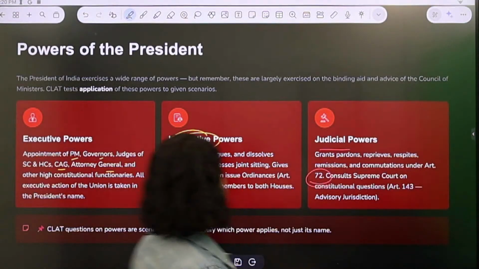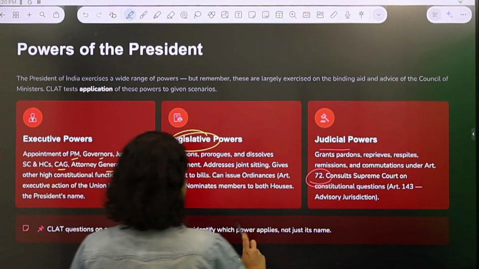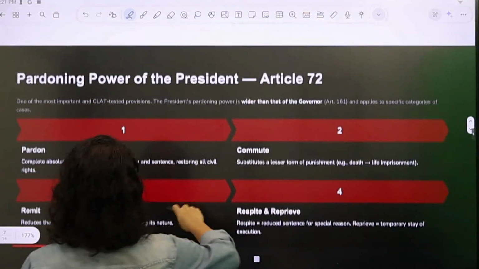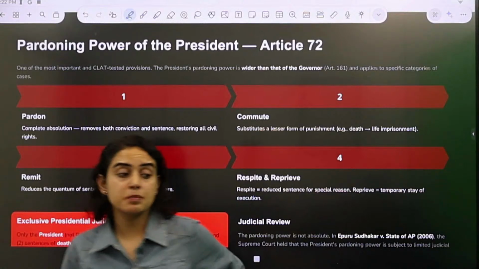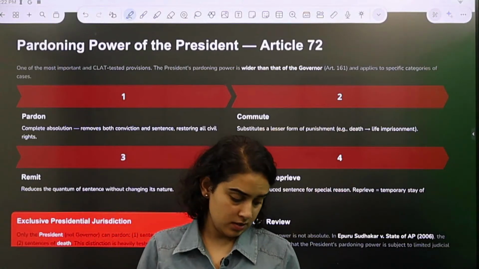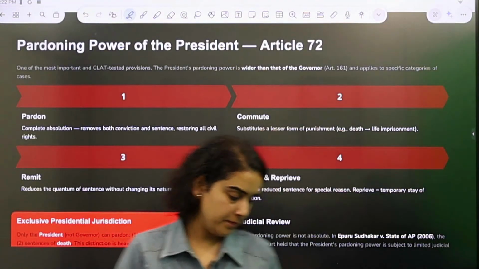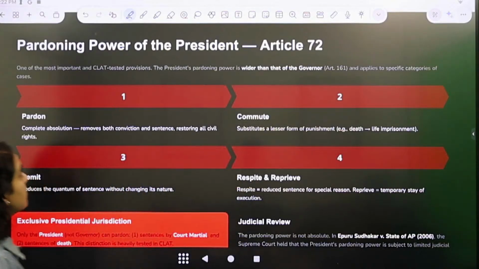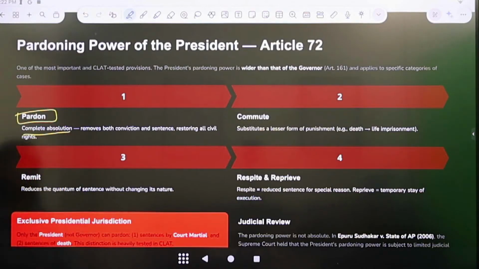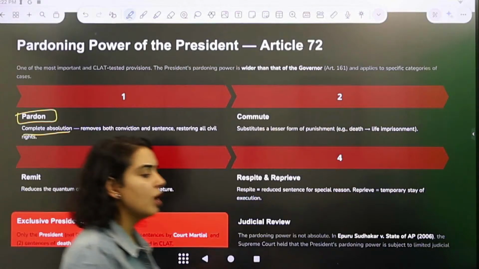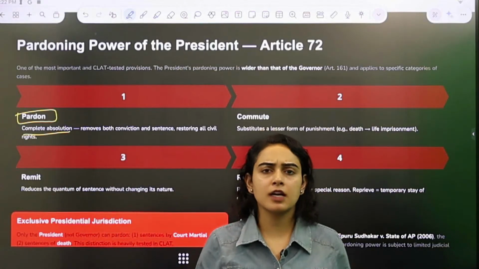Now, what all these powers are, let us understand in detail. So, under the president's pardoning power, the first power is to pardon, which means complete absolution, which means that you have completely forgiven the culprit.